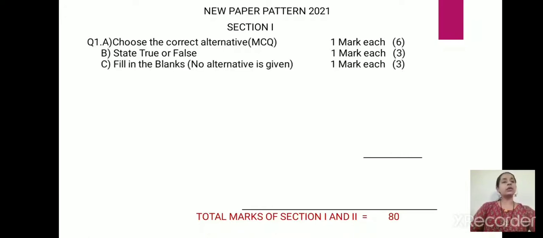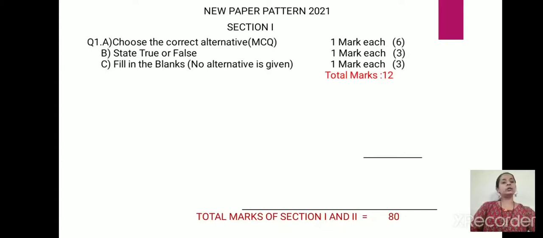Next, fill in the blanks. In the fill in the blanks, alternatives will not be given. You only have to fill in the blanks with your theory knowledge. So again 1 mark each and 3 questions will be asked. So in total, the objectives that will be asked will be of 12 marks. So question 1 will be of 12 marks.